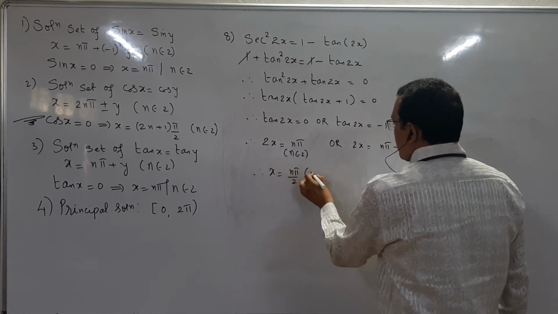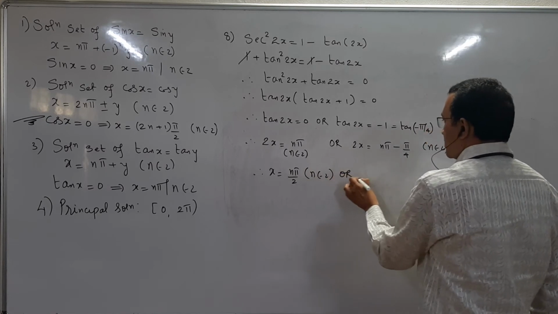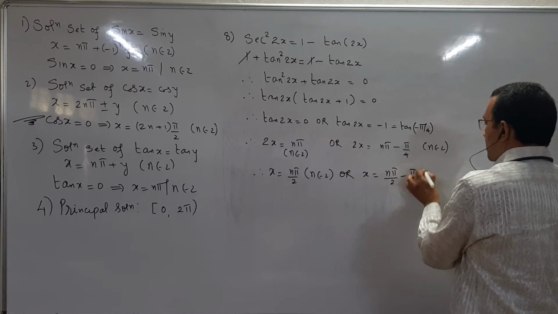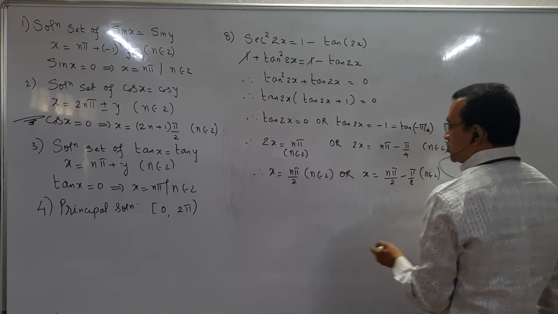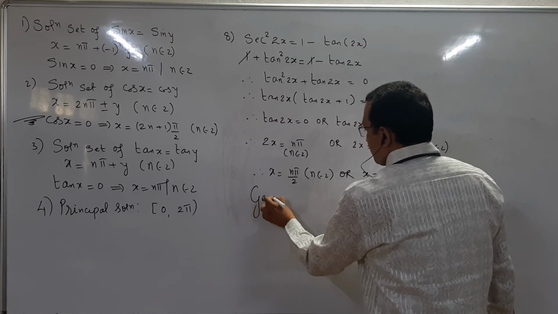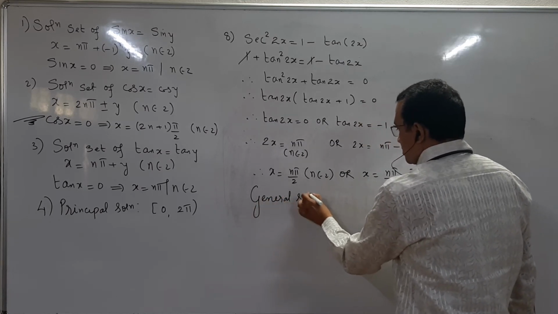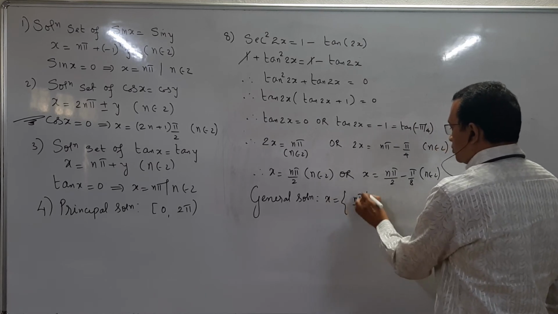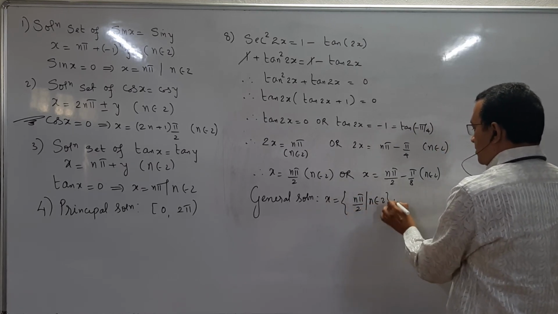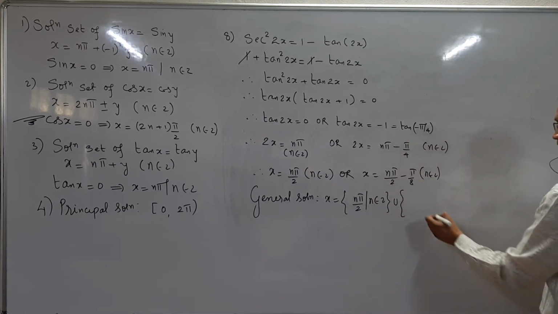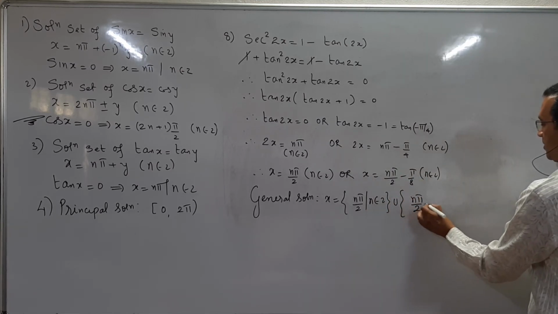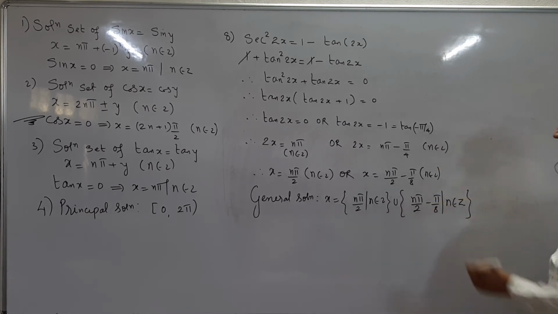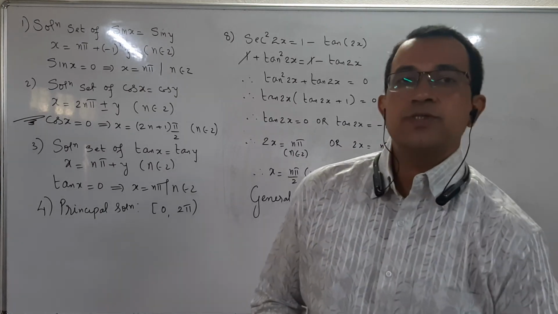So x is equal to n pi by 2 where n belongs to Z, or x is equal to n pi by 2 minus pi by 8 where n belongs to Z. So finally the general solution will be n pi by 2 where n belongs to Z, union n pi by 2 minus pi by 8 where n belongs to Z.